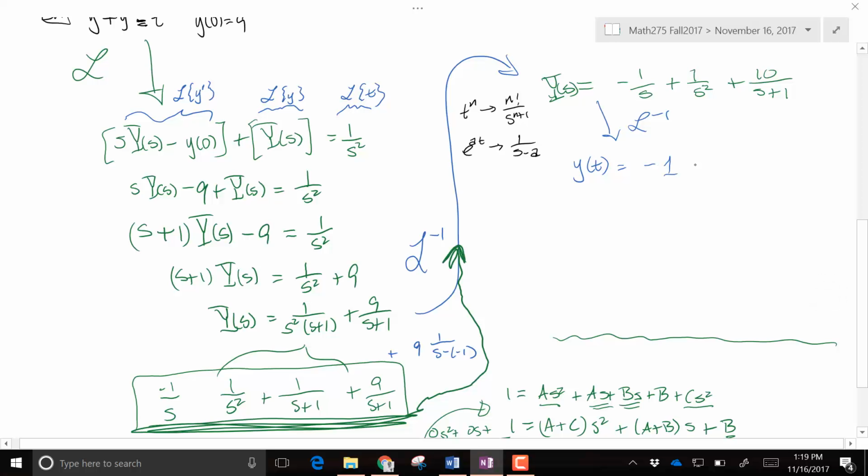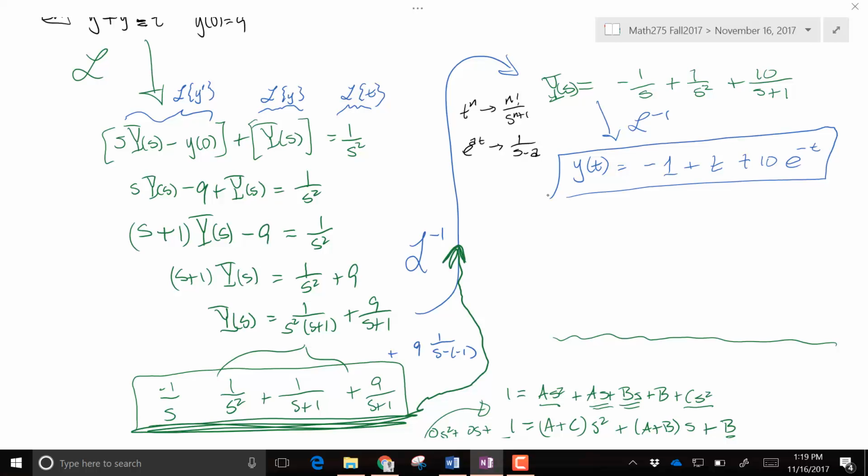So -1 plus 1 over s squared, that was the t, plus, now we have a 10, e to the negative, remember this is s minus -1, so e to the negative t. Now we got our solution. I hope it's right.